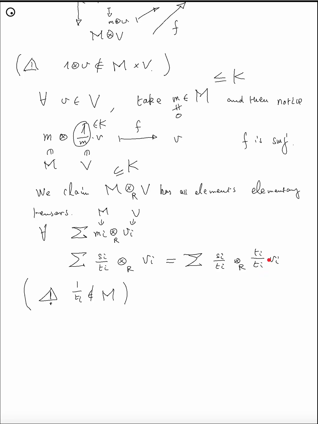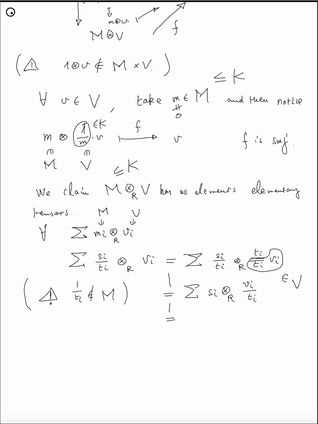And then notice that this vi over ti is still inside W because W is a K vector space. And so you could move this ti to the left hand side, so this gives you si ti tensor over R, vi over ti. And now we just multiply this si with some elements in R to make it the common one.